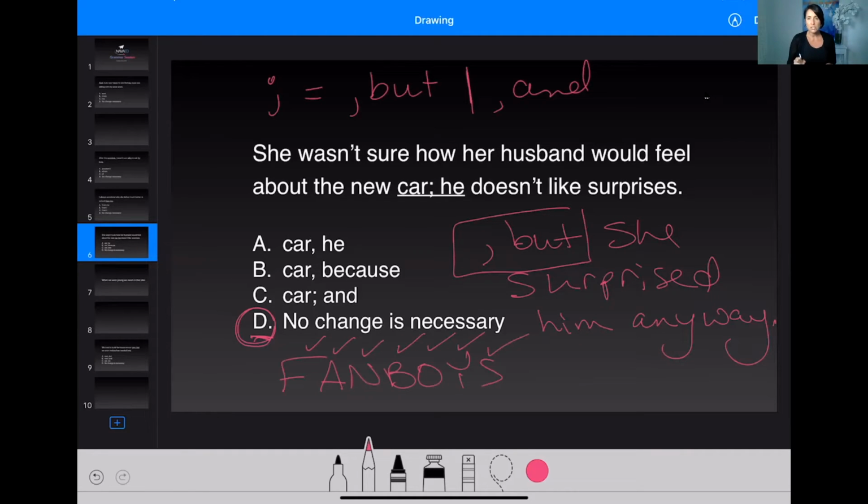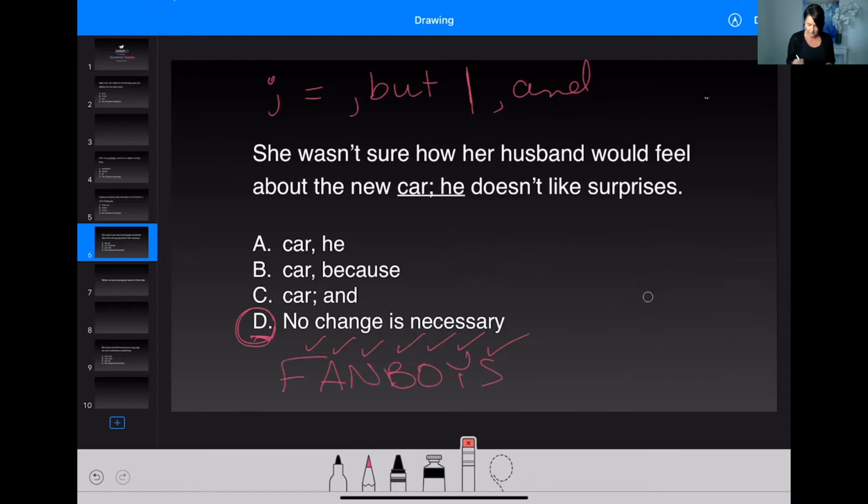These are conjunctions, coordinating conjunctions if you want to get technical and nerdy, and they are used with a comma to separate two independent clauses. We're going to talk more about that in a second.